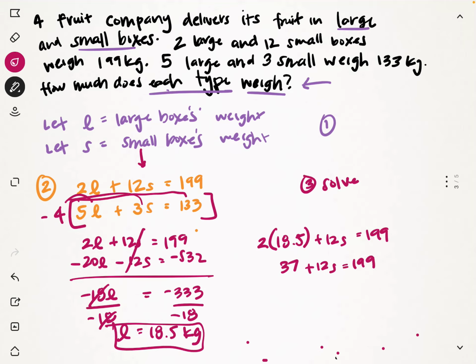And then we have a 2-step, so we're going to subtract 37 on both sides. So 12S equals 199 minus 37, which is 162.